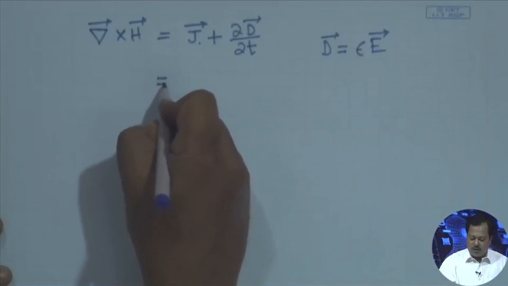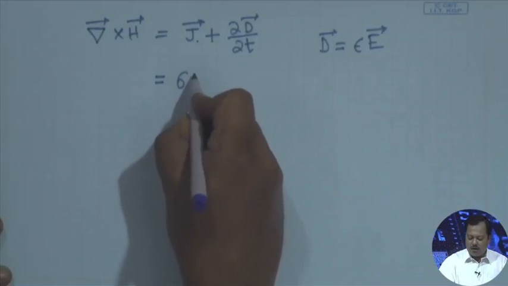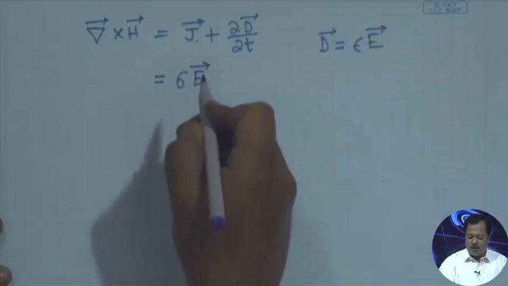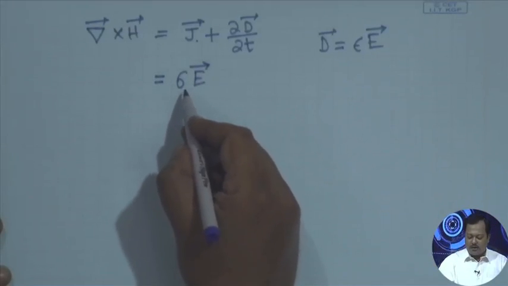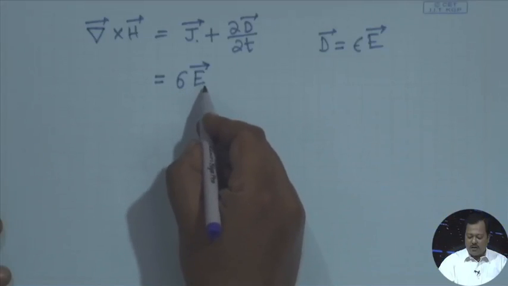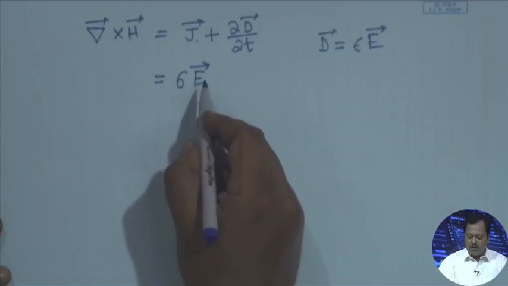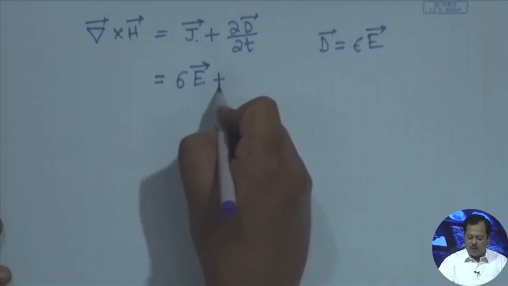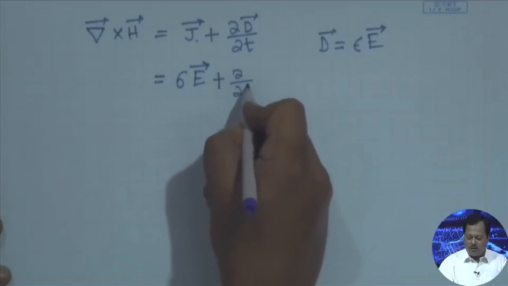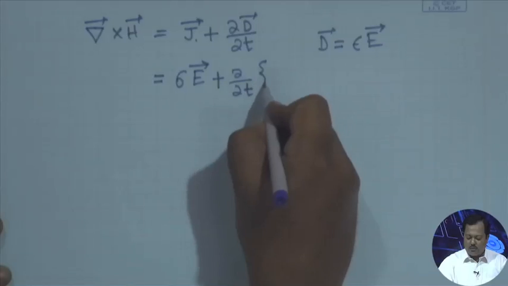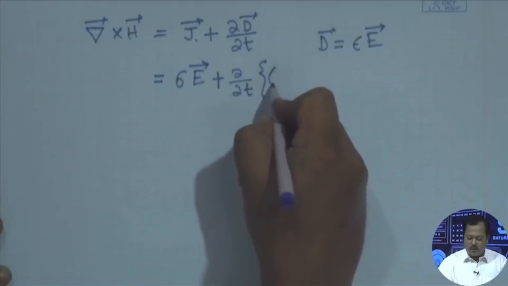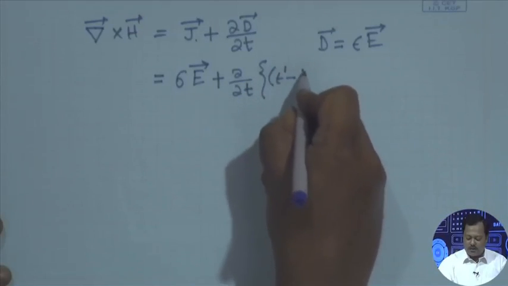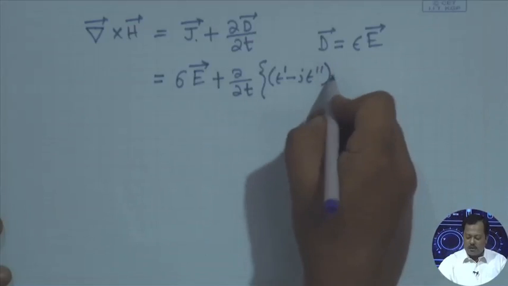The conduction current is related to the applied electric field as sigma into E, where sigma is the conductivity of the medium. Since we are considering a dielectric medium, sigma is negligibly small, we can also consider sigma as 0. Plus del by del t of epsilon dashed minus j epsilon double dashed times E.